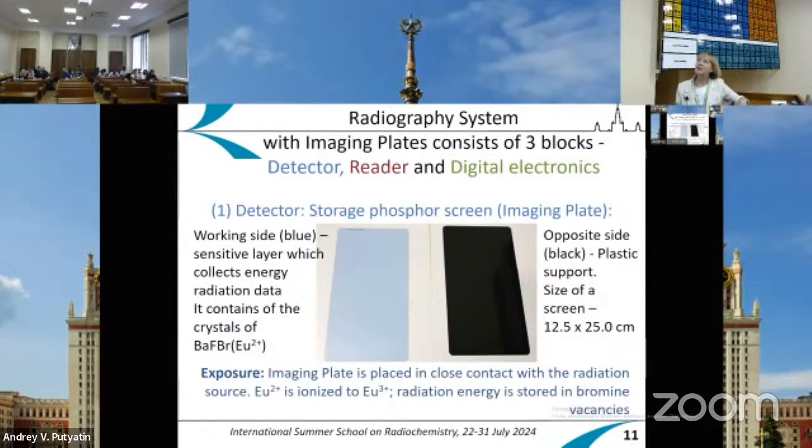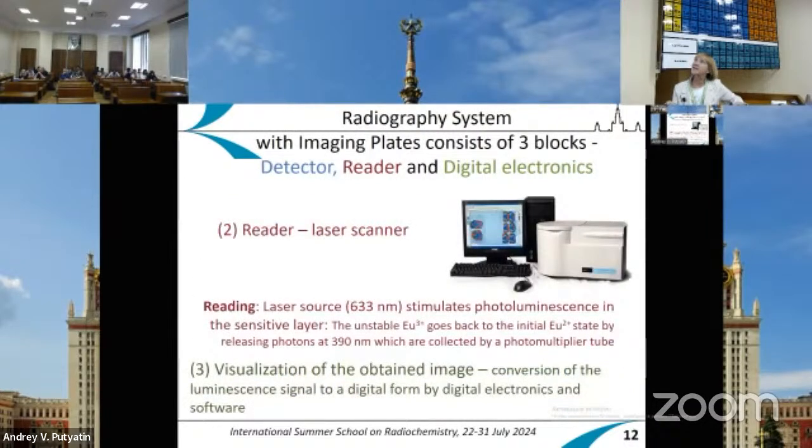During exposure, the imaging plate is placed in close contact with the radiation source, and europium 2+ is ionized to europium 3+, and radiation energy is stored in bromine vacancies. The second block is the reader, a special laser scanner for this imaging plate.